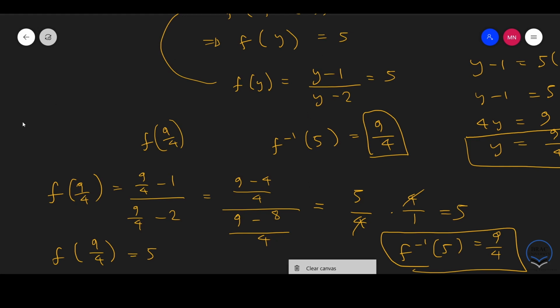Right. So that's about it for the topic of inverse functions. So throughout this whole chapter of functions, we have looked at the definition of a function. So once again, if I want to summarize, a function just gives us a single output for each input, right?